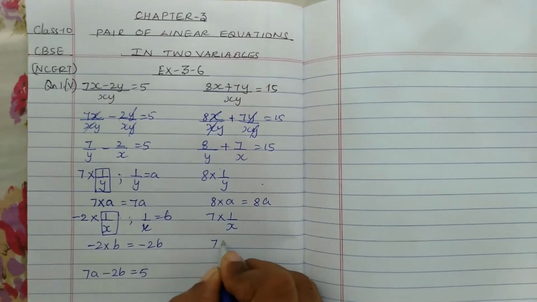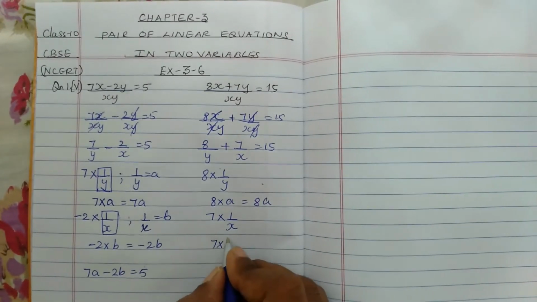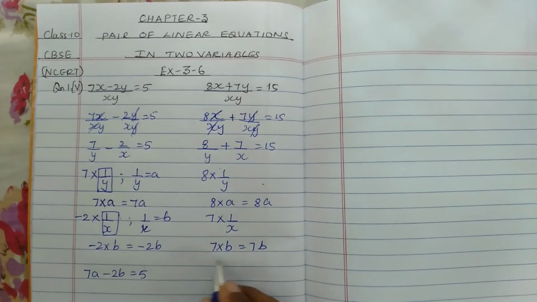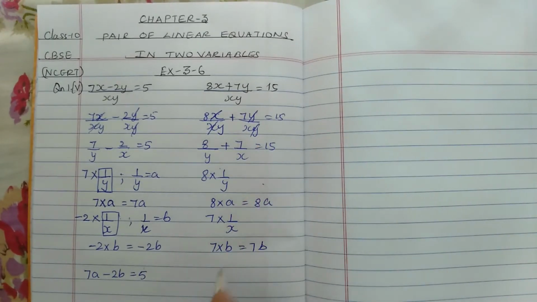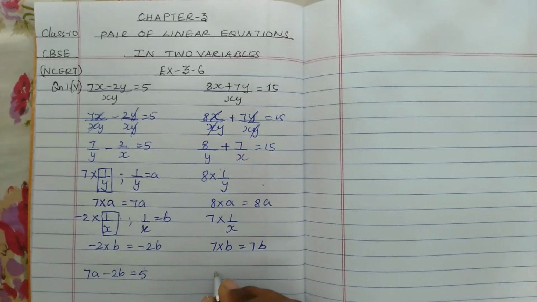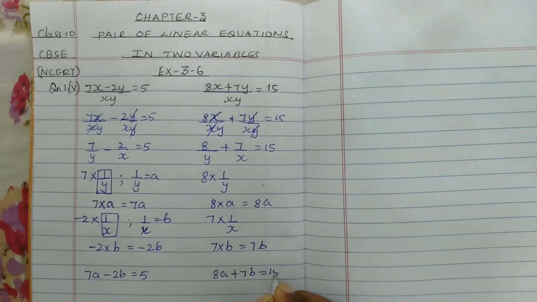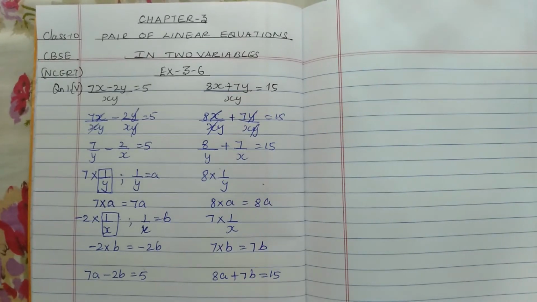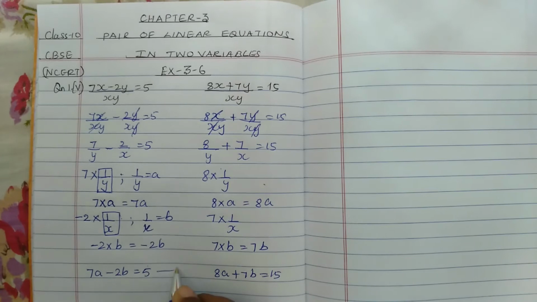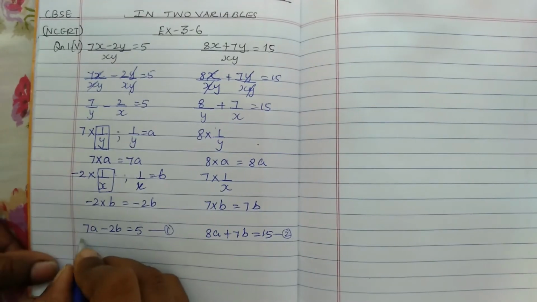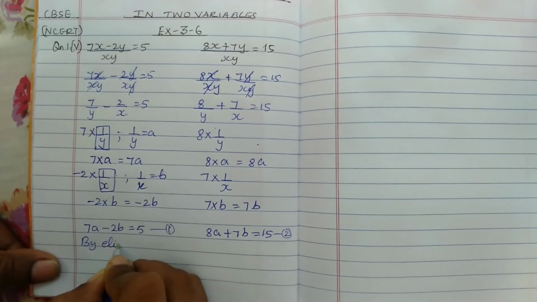Now we have 7 into 1 by x is b, so let's write b. So it is 7b. Now both the terms are ready. So let's write the equation as 8a plus 7b is equal to 15. Now this is our first equation and this is our second equation. So let's solve it by the elimination method.